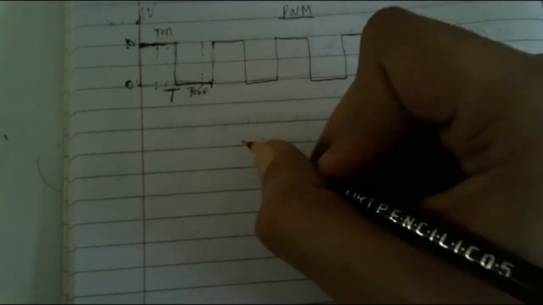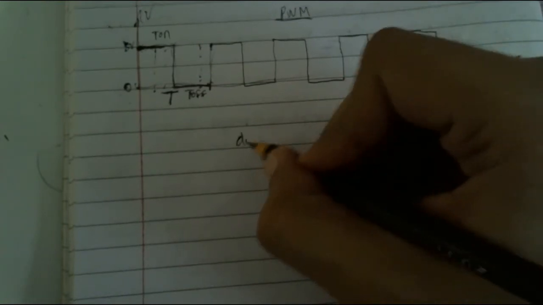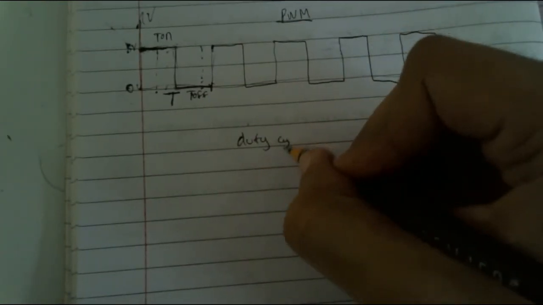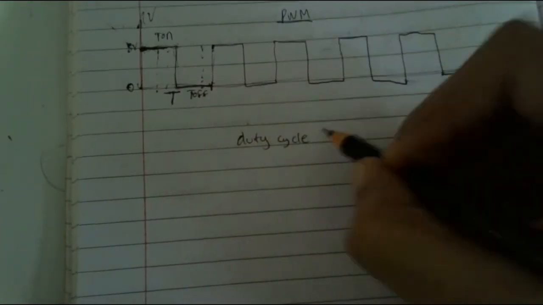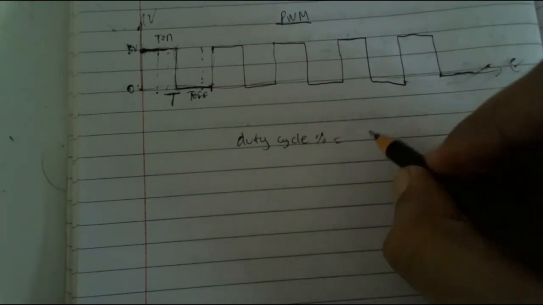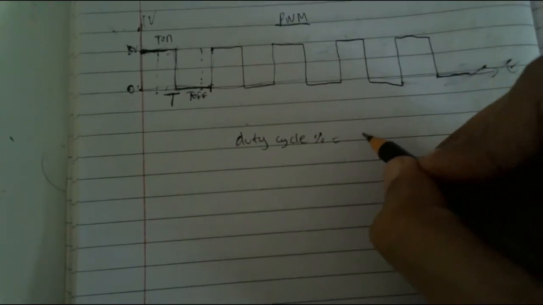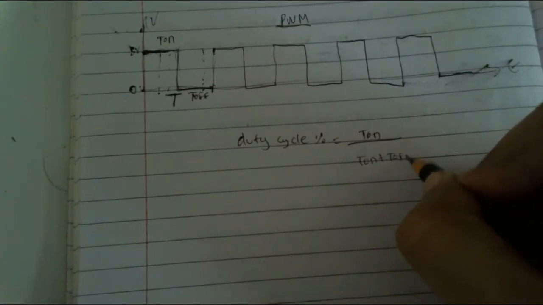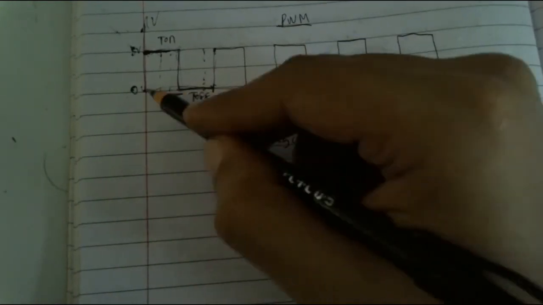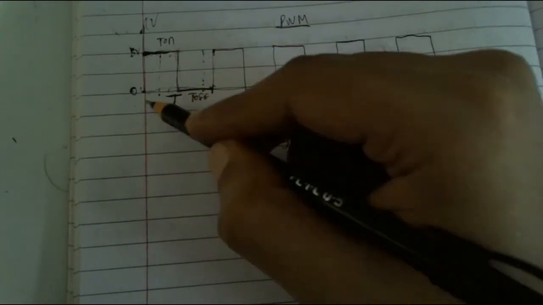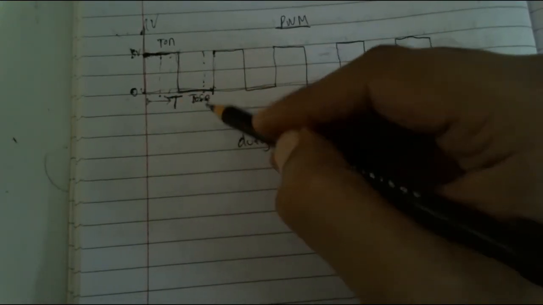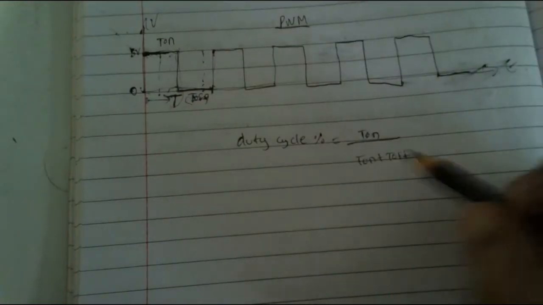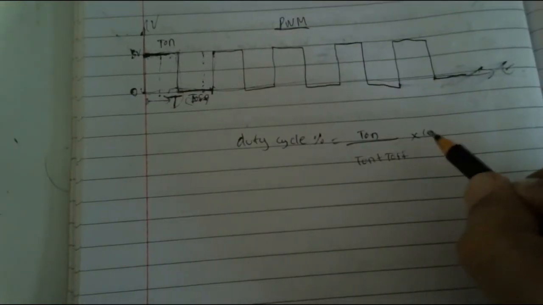We express this T on by a term called duty cycle. Duty cycle is in percentage, and it's given by T on upon T on plus T off, which is nothing but the time period T, since T on plus T off is T, times 100.